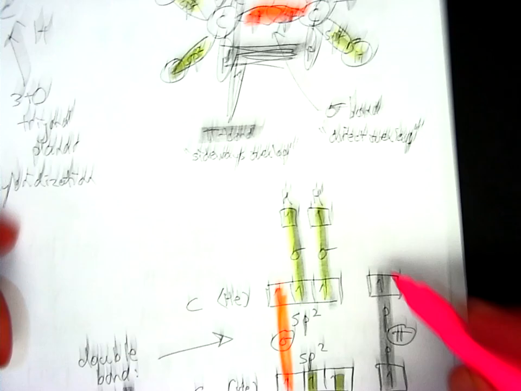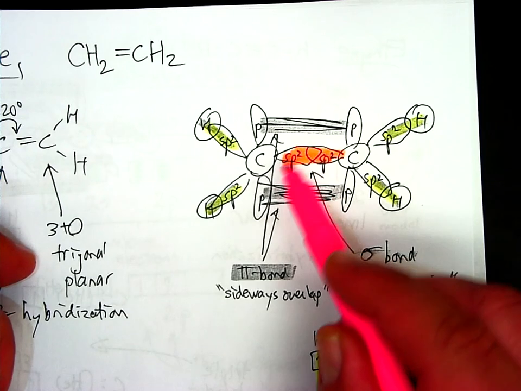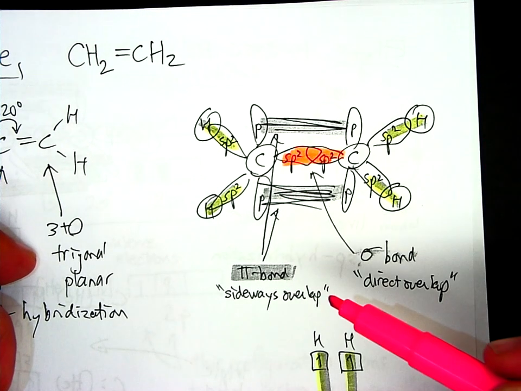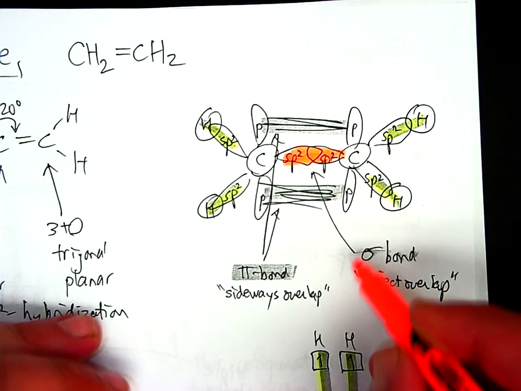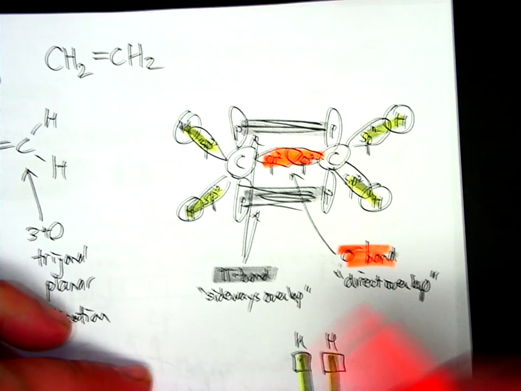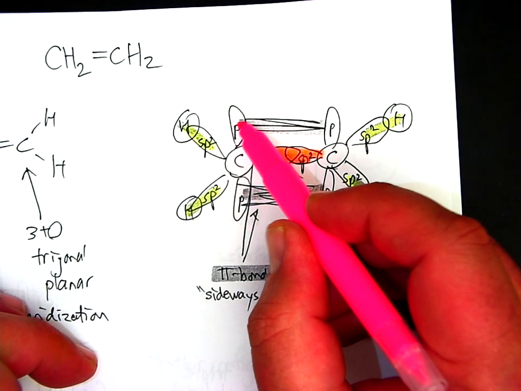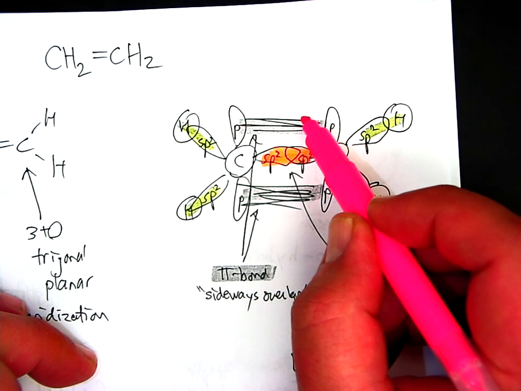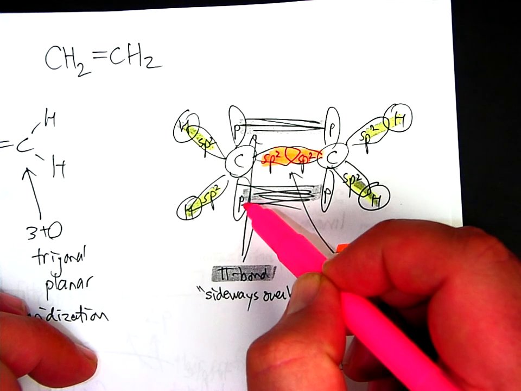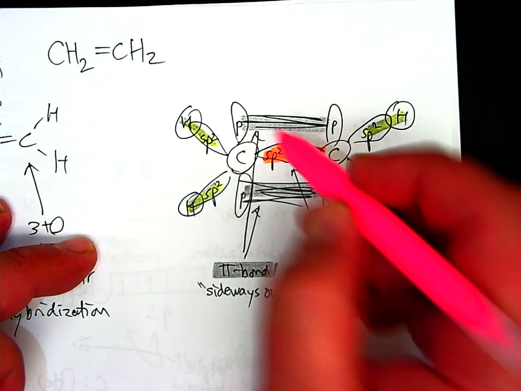Now, they achieve their bonding in a different manner. It isn't a direct overlap like we see with the sigma bond, okay? Rather, it's a sideways overlap, if you want to say that, where these p orbitals, the top lobes can overlap together and the bottom lobes can overlap together.